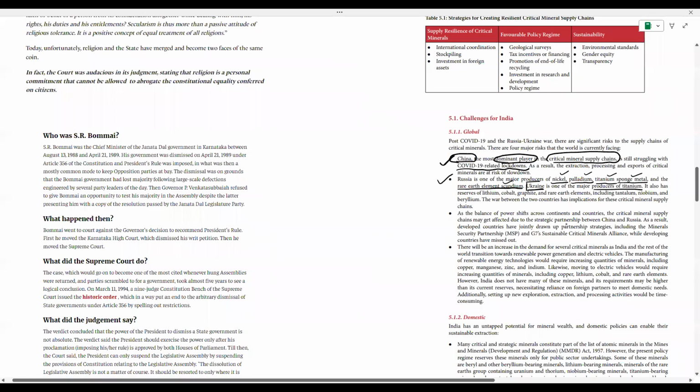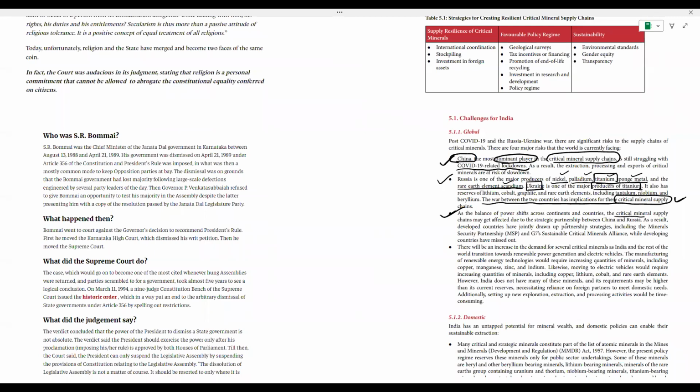Because Ukraine is one of the largest producers of titanium, and Russia is also one of the largest producers of titanium. Because of the war, the supply chain is getting disrupted.